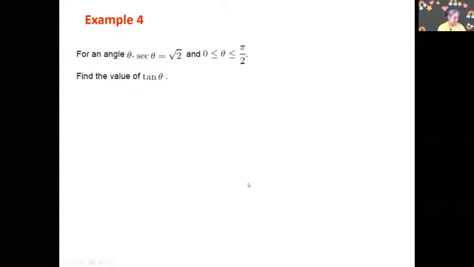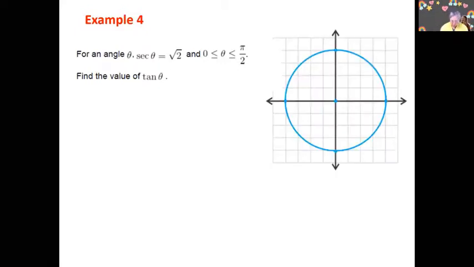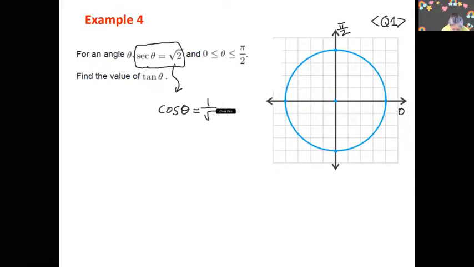Okay, the last one. For an angle theta, secant theta is radical 2, and it's between 0 and pi/2. Which quadrant is that? Quadrant 1, because this is 0, and pi/2 is here, so it's happening in quadrant 1. Secant is radical 2 means cosine of that angle is 1 over radical 2.